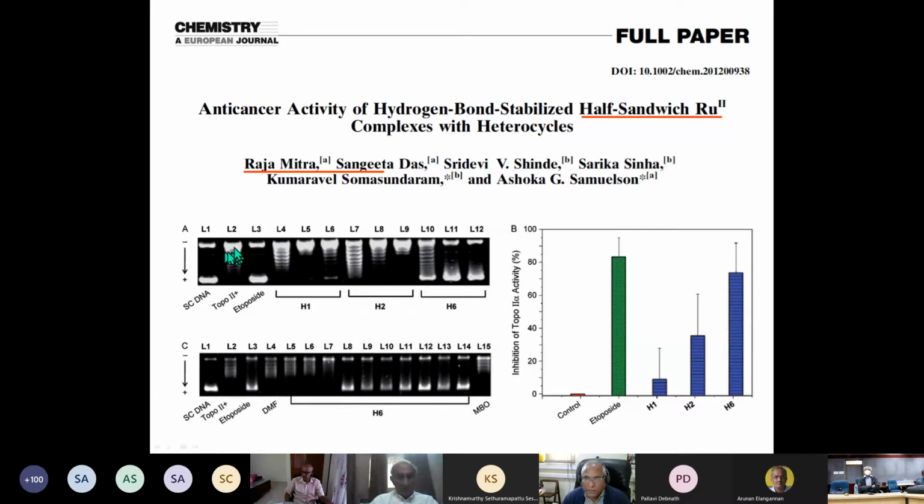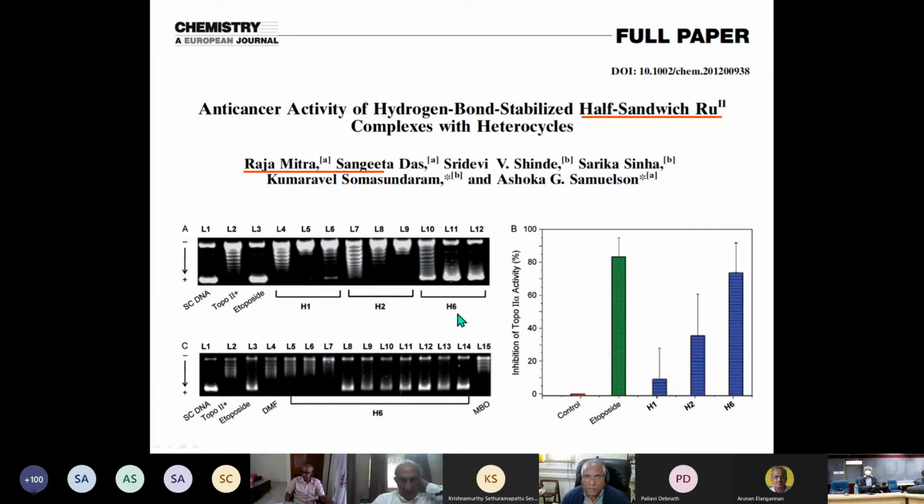The formation of multiple bands tells you that topoisomerase is able to relax the supercoiled DNA, and that can be inhibited by etoposide, which is a known topoisomerase 2 inhibitor. You can see here different forms of the ruthenium complex are also, to varying extent, able to inhibit topoisomerase 2 activity. And that is the gist of this particular paper.